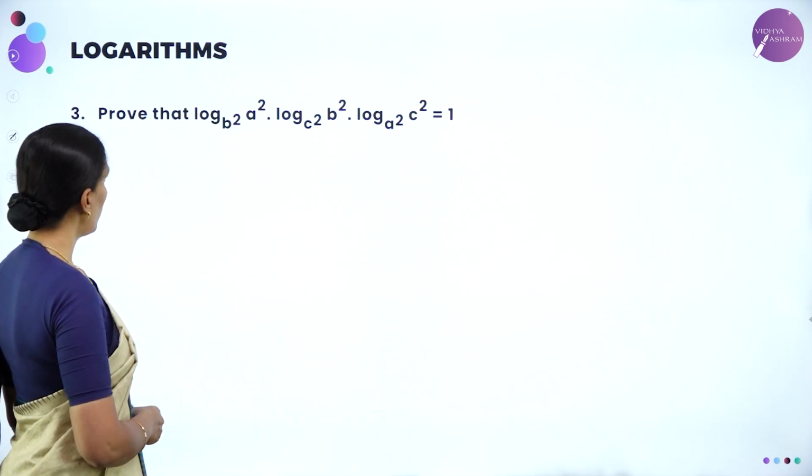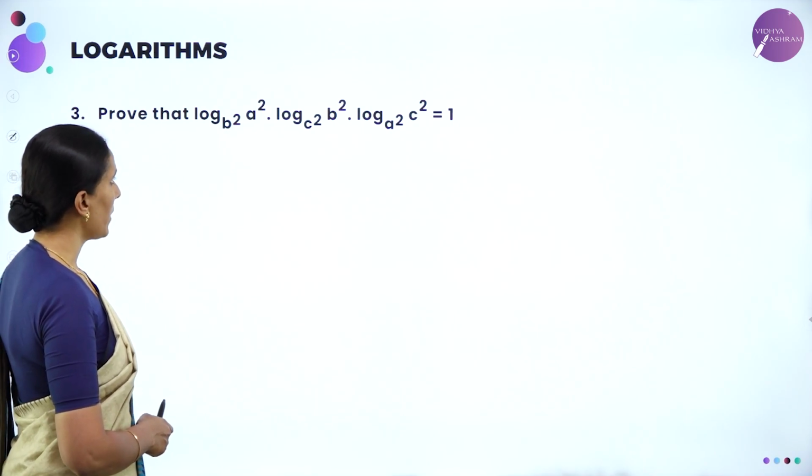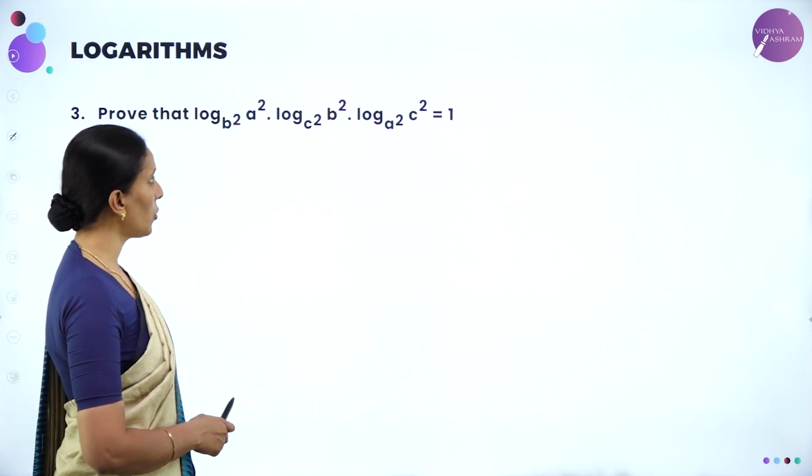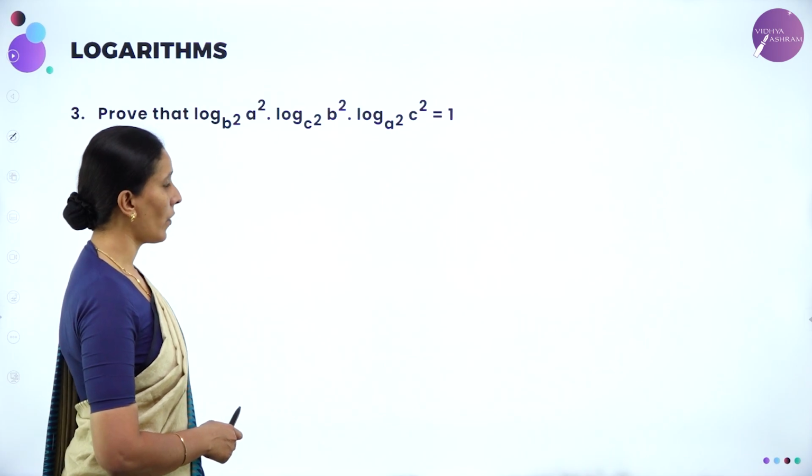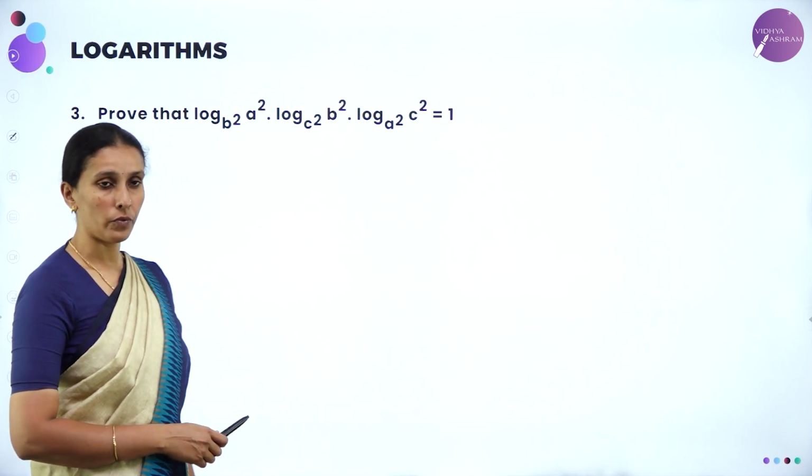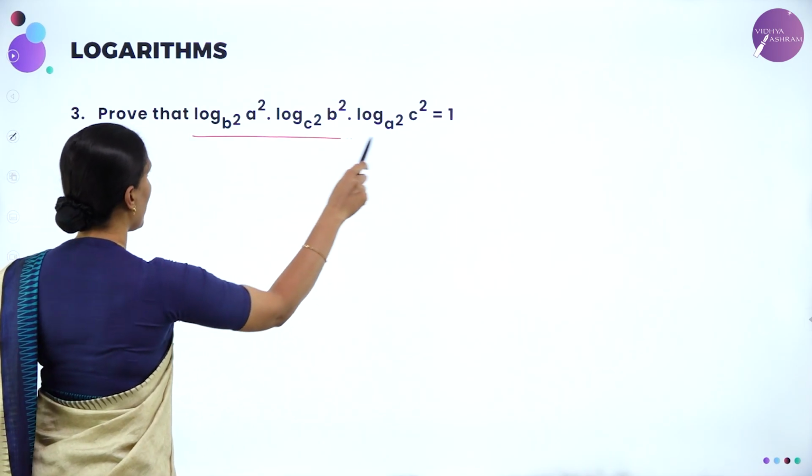Next question. Prove that log a square to base b square, log b square to base c square, log c square to base a square is equal to 1. So I'll consider only the left hand side.